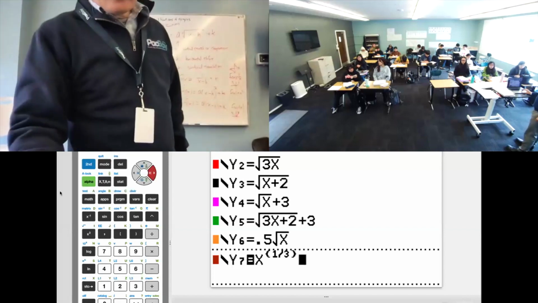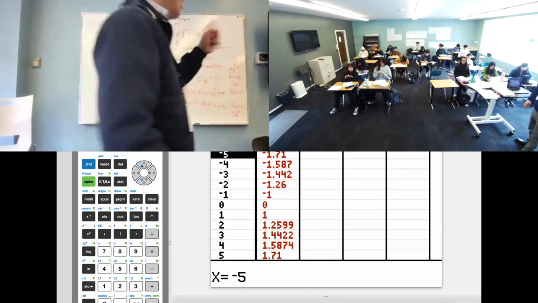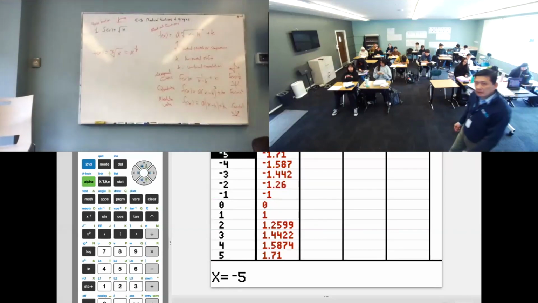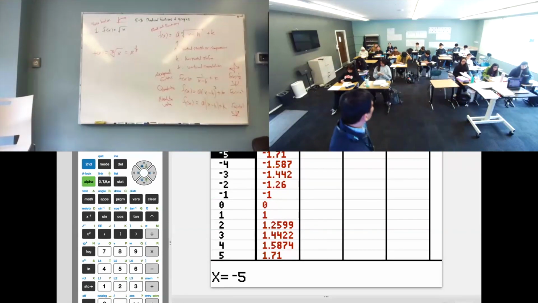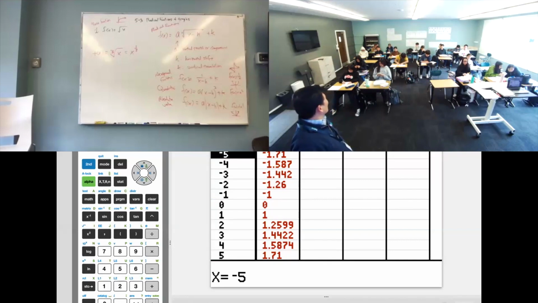So if that's the case, let's take a look at the table. Our table looks like this. Surprisingly, we got values for the negative. Why?